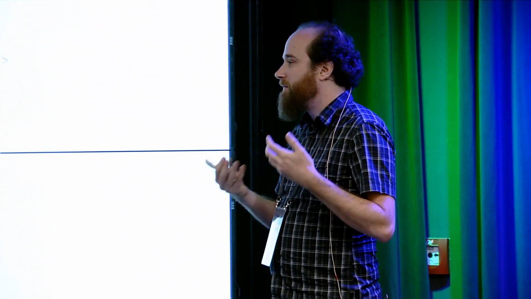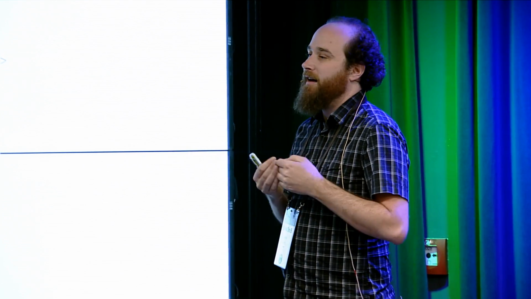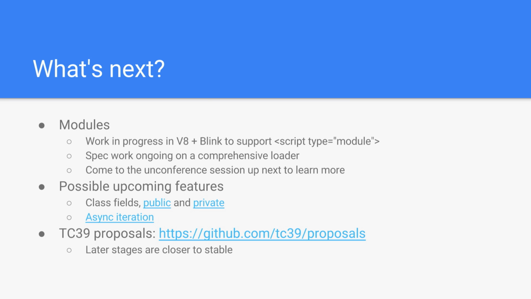Being able to have modules as part of the language is a thing we've wanted forever, and this finally provides a way to move forward. It's something developers are already using with transpilers, so I hope it will be a fairly nice transition from a transpiled world to one that's not. I'm not going to cover modules in detail here, but there is an unconference talk right up next about that.